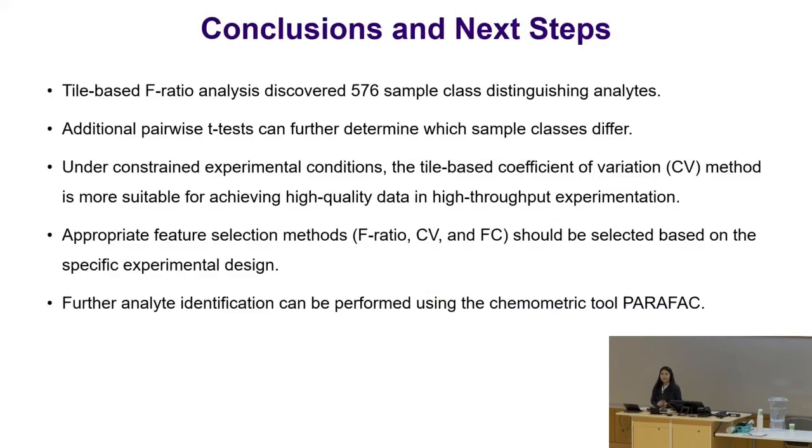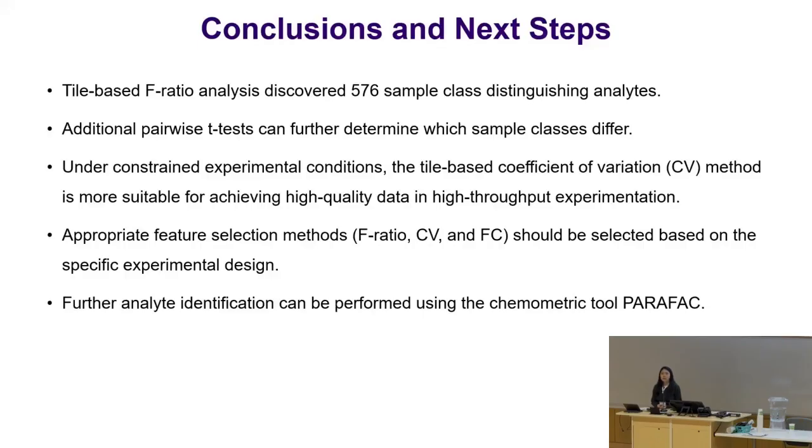In summary of our pilot study, first of all, if you have well-defined replicates, the tile-based Fisher ratio analysis would be a good choice. However, if in reality you do not have replicates and you want high-throughput experimentation, then the coefficient of variation metric would be a more suitable choice.